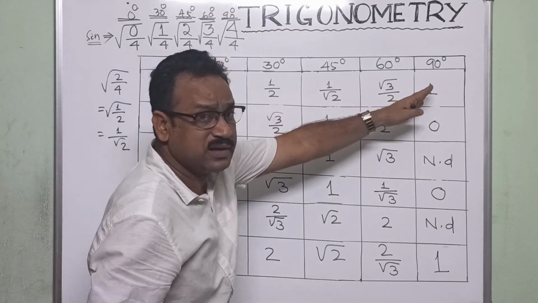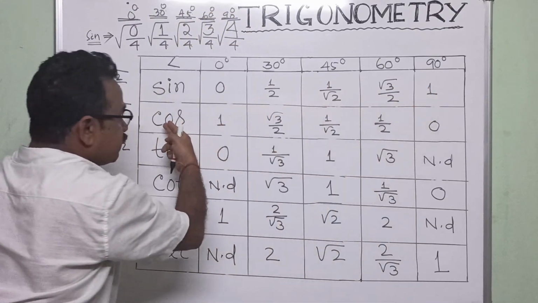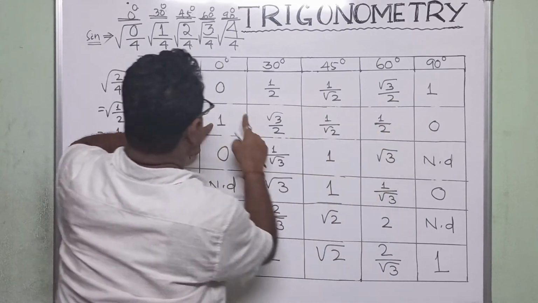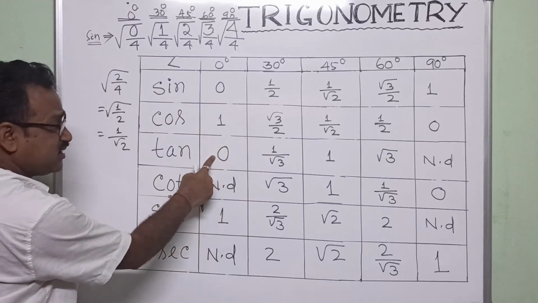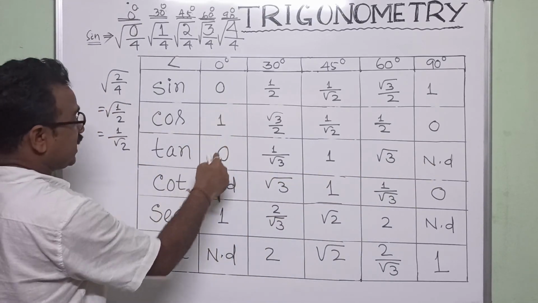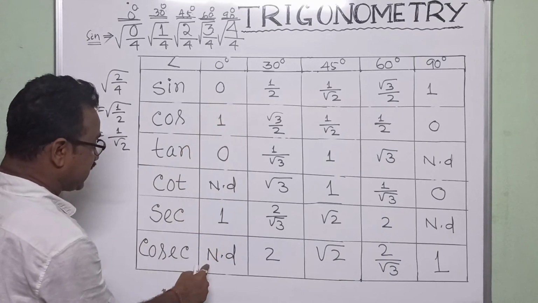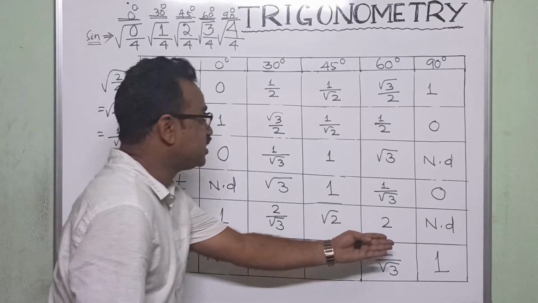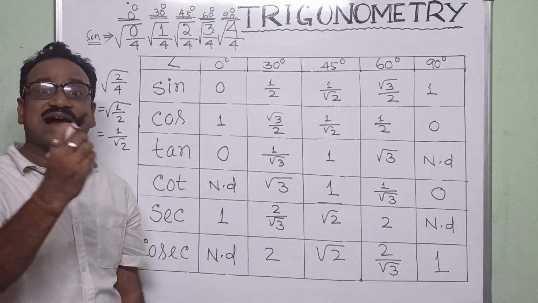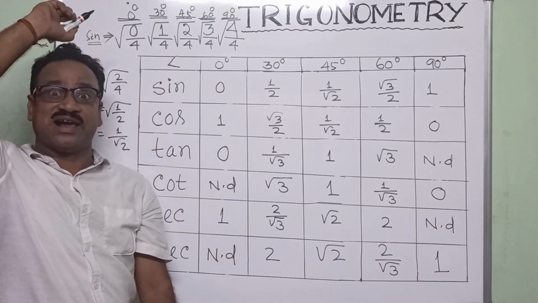We are writing sine. Then reversing the order of the sine values, we can get the cos. Now sine by cos is tan, reverse order of tan is cot, 1 by cos is sec, 1 by sine is cosec. So in this way we can write the table, we can remember it within seconds without remembering all these triangles.